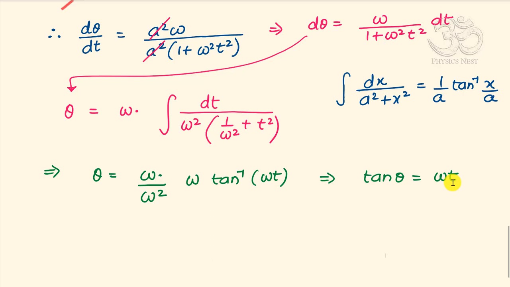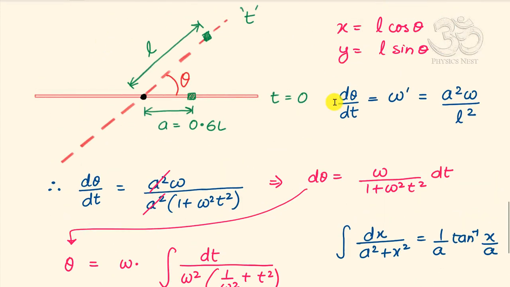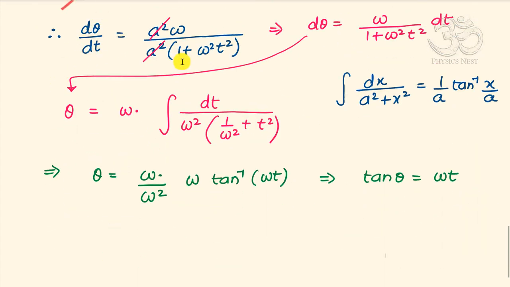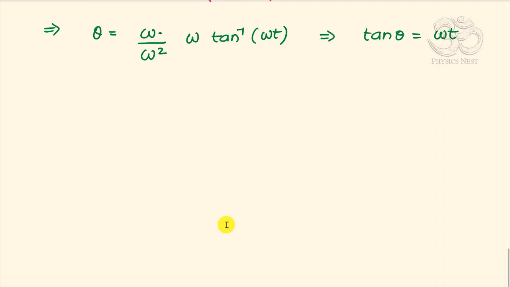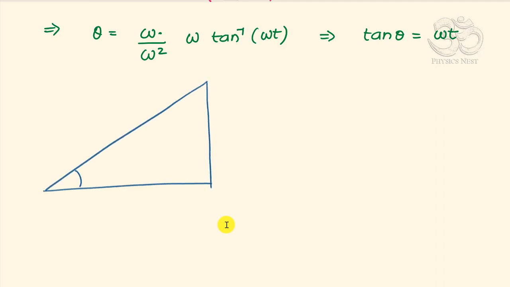So if it was a constant angular velocity, then angle theta itself would have been equal to omega t. But in this case, the angular velocity is not constant, and so tan theta is equal to omega t, which we have obtained by solving this particular set of equations. D theta by dt is equal to all that much. Now this allows us to create a triangle with one angle as theta.